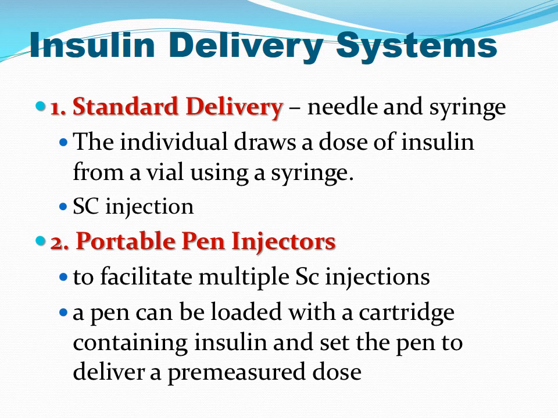Portable pen injectors are ready pen-like devices. They are used to facilitate multiple subcutaneous injections when the patient needs more than one injection per day. The pen can be loaded with a cartridge containing insulin and set to deliver the pre-measured doses.